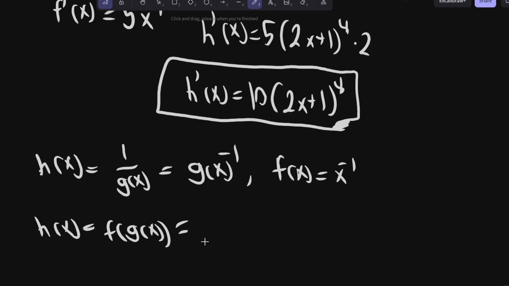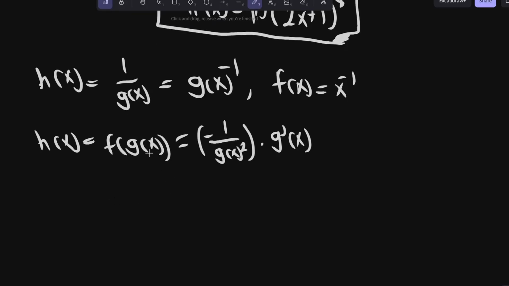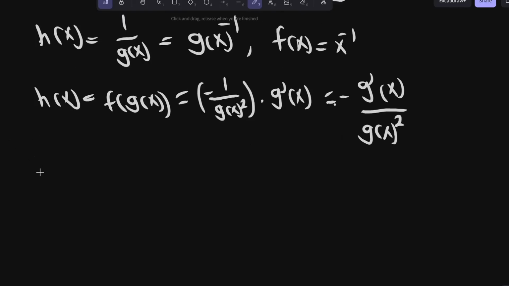This is minus 1 over x squared, which is minus 1 over g of x squared, times g prime of x. Right? So that's the derivative of 1 over g of x is minus g prime of x over g of x squared. So now we're going to use this result in another thing.